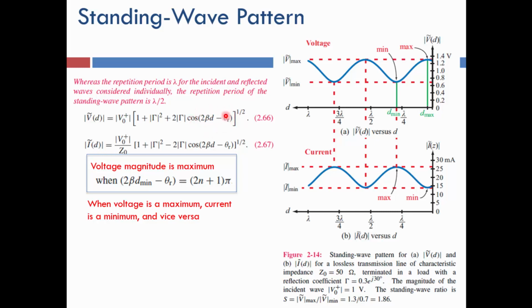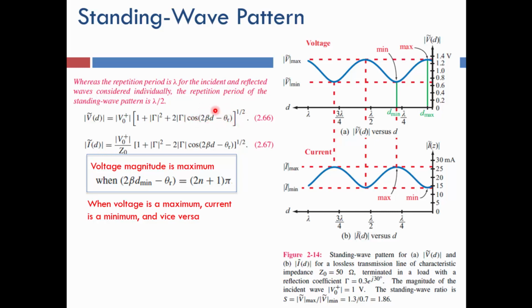So if this cosine is equal to 1, we will get 1 plus the reflection coefficient magnitude squared plus 2 multiplied by the reflection coefficient magnitude. According to that, let's determine when this cosine will be minus 1 and when this cosine will be plus 1.